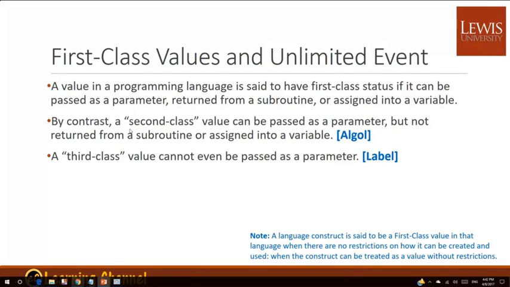And in between, we have the second-class value. Second-class value can be passed as a parameter, but will not be able to be returned or assigned to a variable.